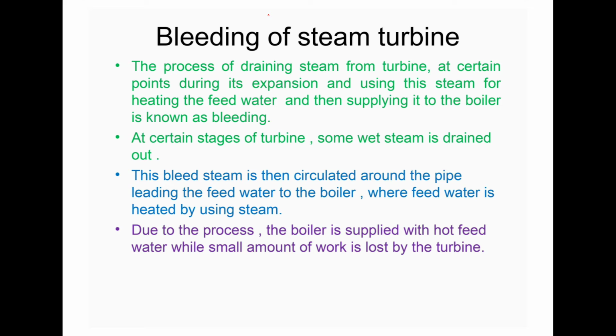This bleed steam is then circulated around the pipe leading the feed water to the boiler, where the feed water is heated by using steam. Due to this process, the boiler is supplied with hot feed water while a small amount of work is lost by the turbine.